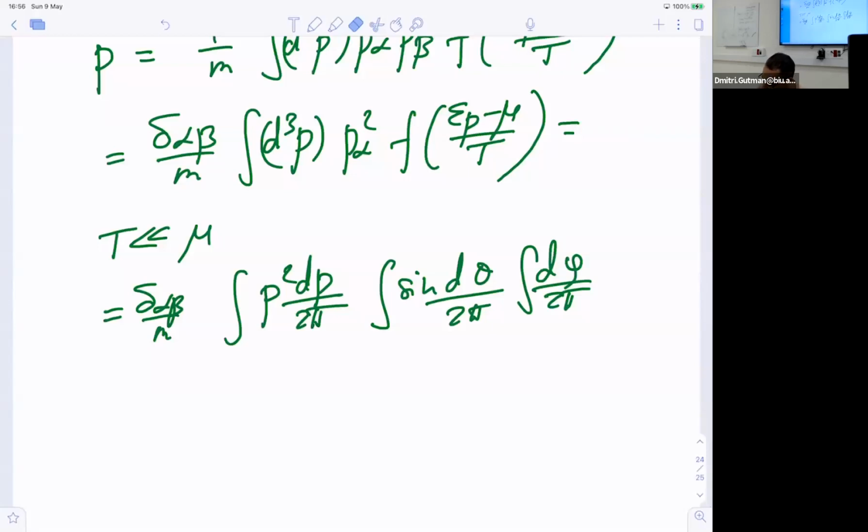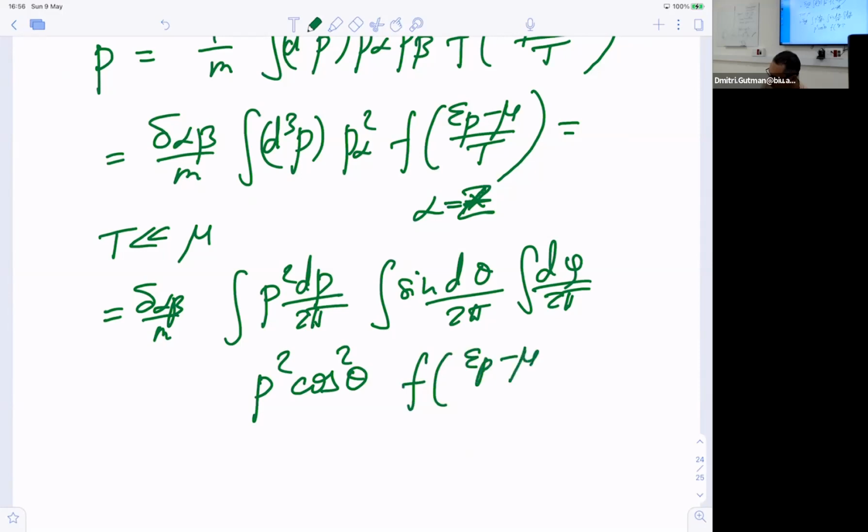I'm just suggesting let's compute this integral in spherical coordinates. Let's choose alpha to be, I don't know, x or z. And then it will be p cosine theta square p square, and the distribution function epsilon p minus nu over temperature.